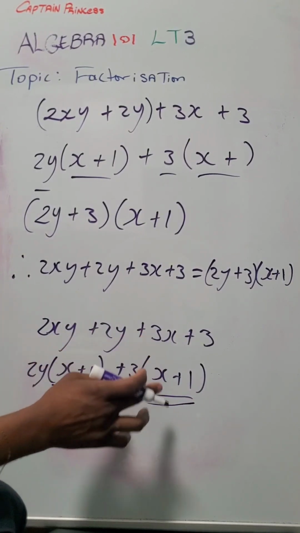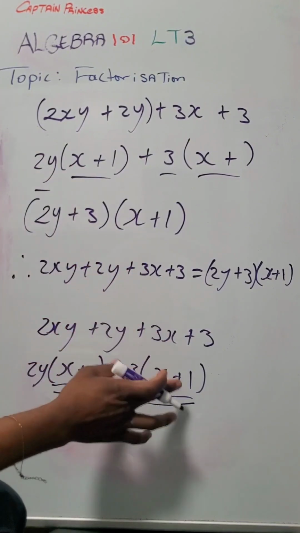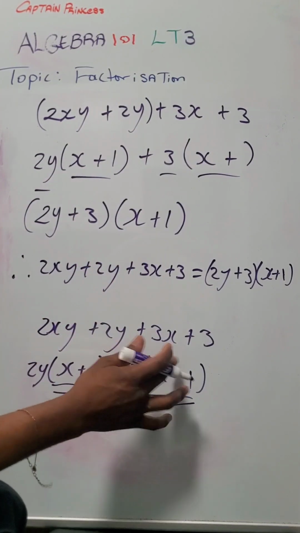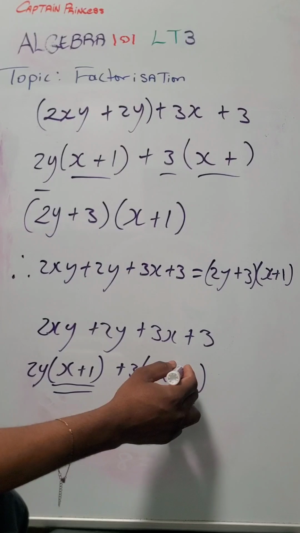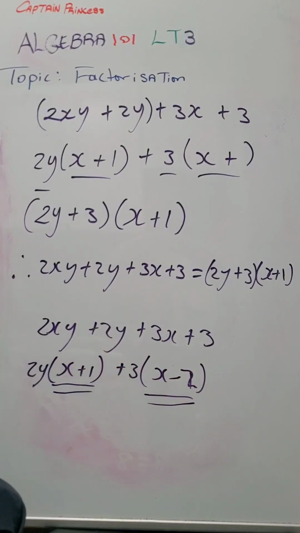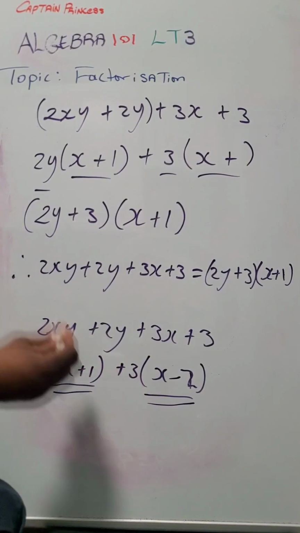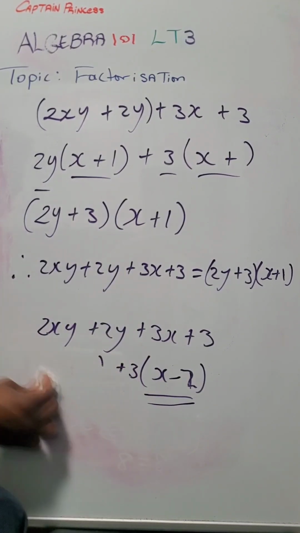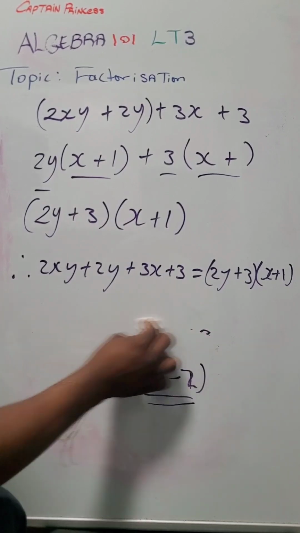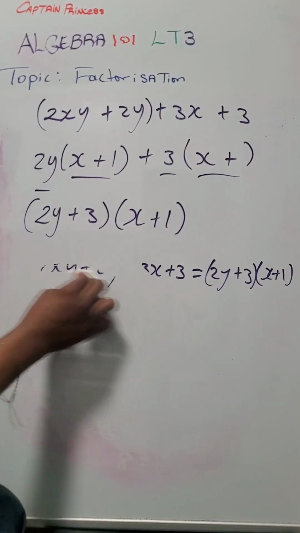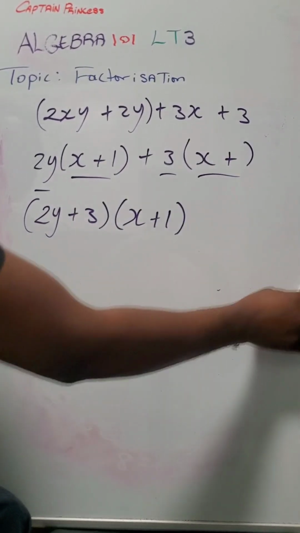If these brackets were different, then you have to leave the expression as it is. But always remember, these two brackets should always be the same whenever you're doing a factorization with 4 terms using the grouping method.